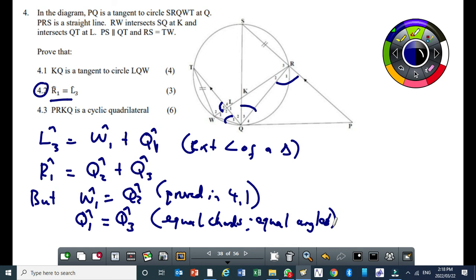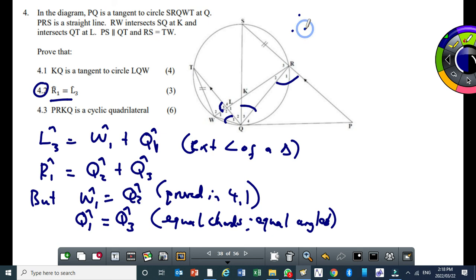Now, since I've got those two, I can say therefore, L3 is going to be equal to, we need to substitute whatever we wrote here, until we have the right hand side being equal to that right hand side.